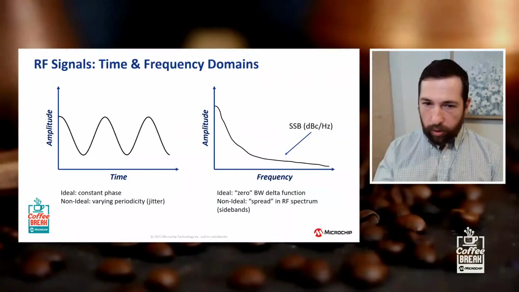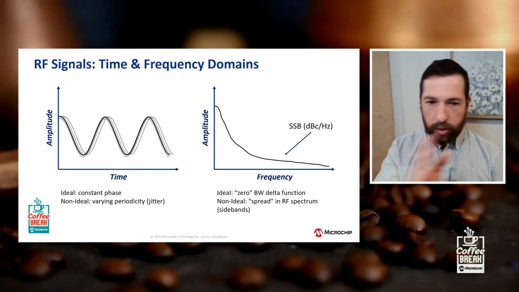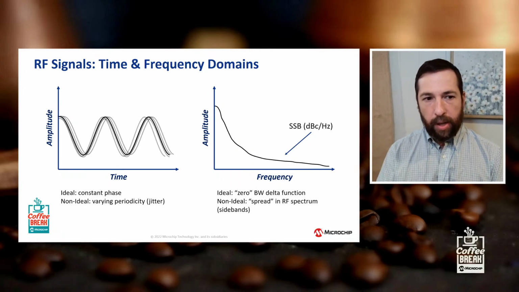Sure, yeah, thanks. So, in the frequency domain, an RF signal at a single frequency looks like a perfect sine wave, oscillating back and forth, has the same period or phase for every cycle forever. But in the real world, you'll have some jitter, and the periodicity or the phase will fluctuate a bit over time.